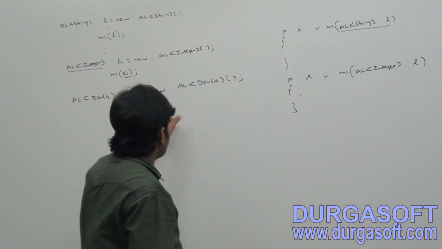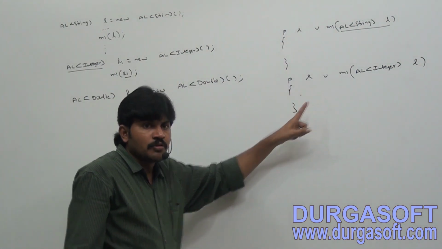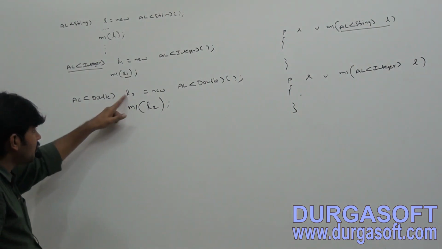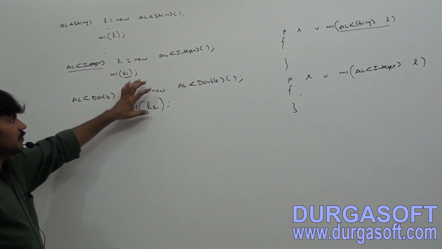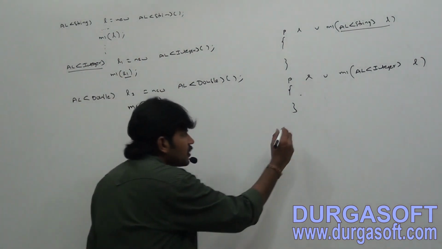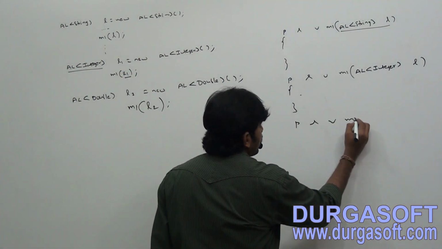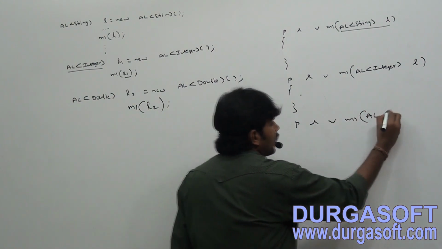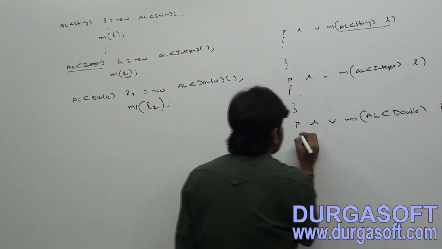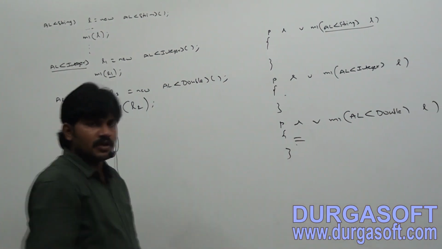No. Can I use the second method? No, because the second method takes ArrayList of Integer, but here I am passing ArrayList of Double. Compulsorily we should go for a new method: public static void m1 of ArrayList of Double L.